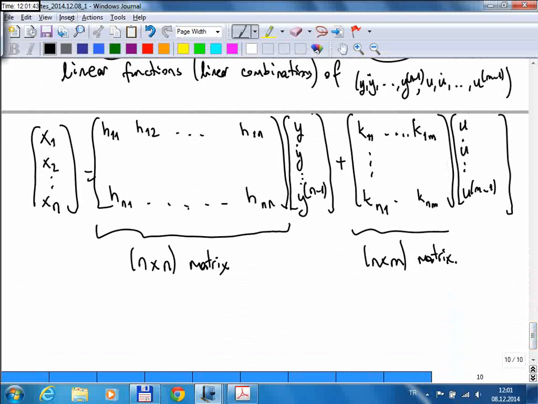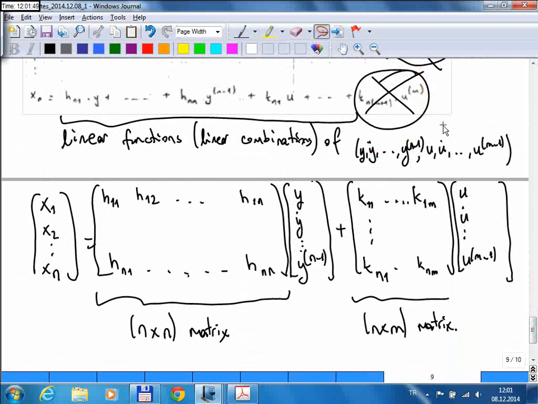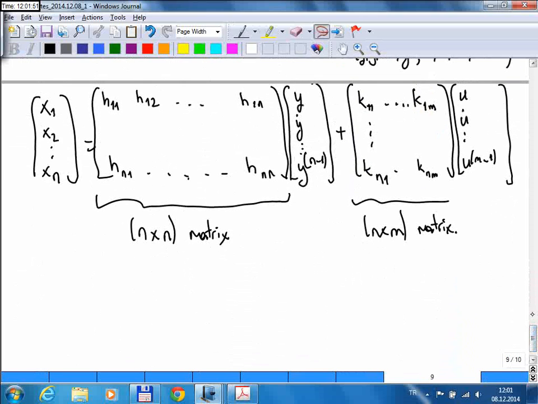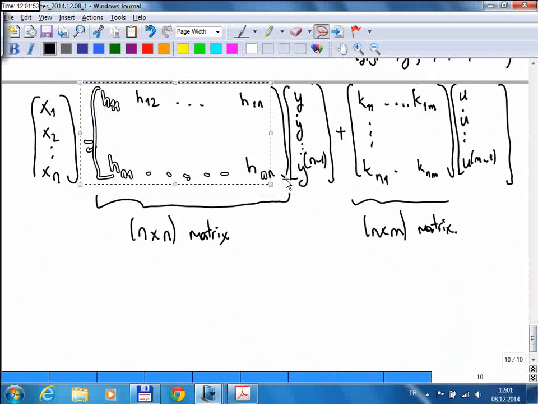Okay, so before I told you that all of these derivatives should be represented in the state equations, right? So for linear systems, this means this n by n matrix you have here should be an invertible matrix. It should have full rank, in other words.